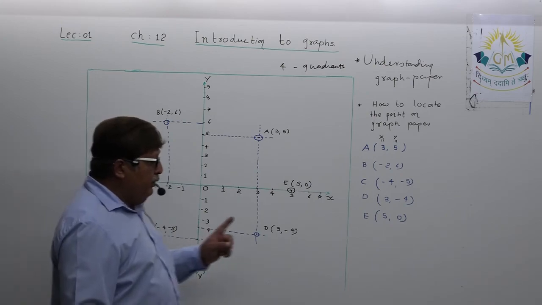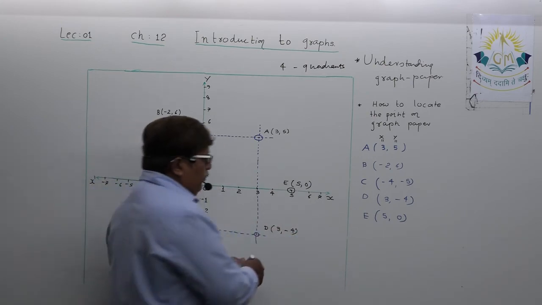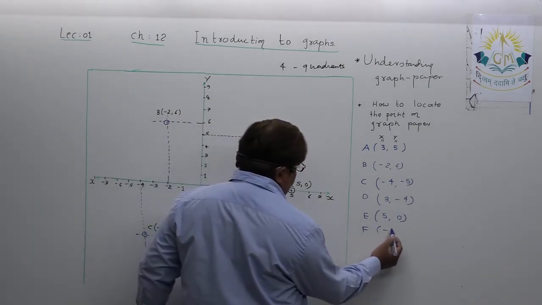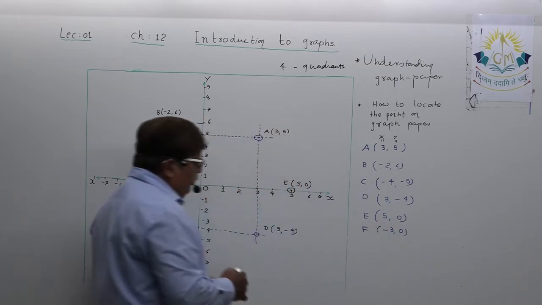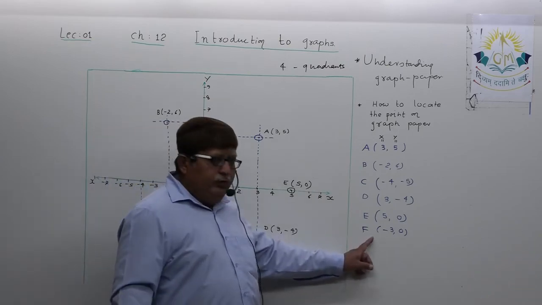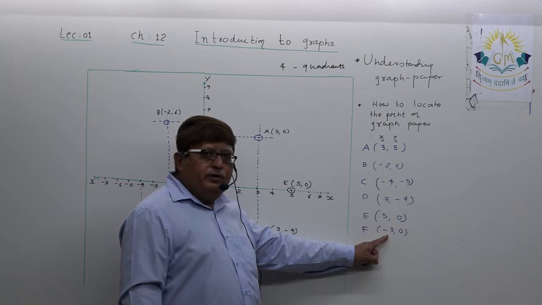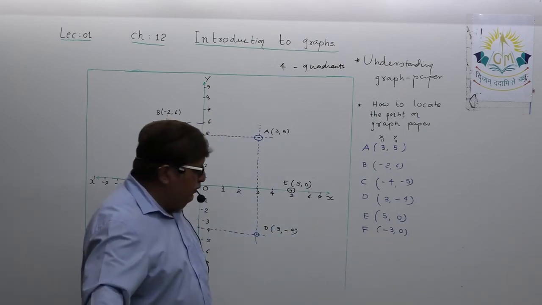So whenever, dear student, still one more point let me take for your comfort. Suppose F (-3, 0). Please concentrate. For point F, x coordinate is -3, y coordinate is 0.